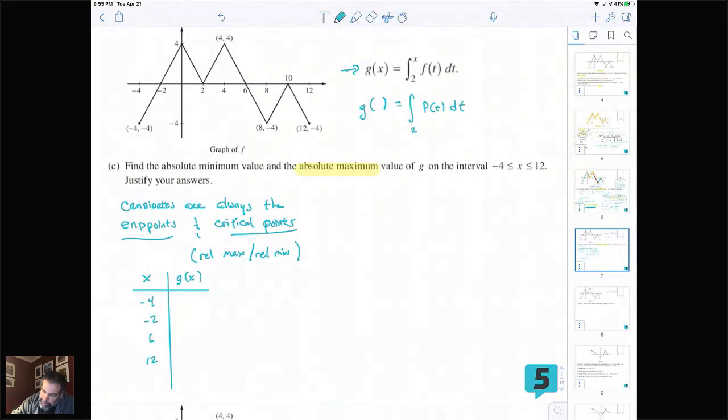So the way this function works is when I plug in 6 here, I'm plugging in 6 for the top bound. Okay? So all I'm doing now is I'm looking at this integral from 2 to 6, which means I'm starting at 2 and integrating all the way here to 6. So this is a really common question on the AP exam.